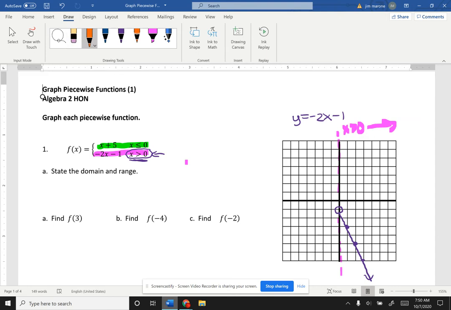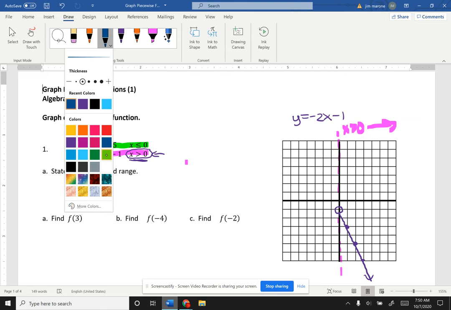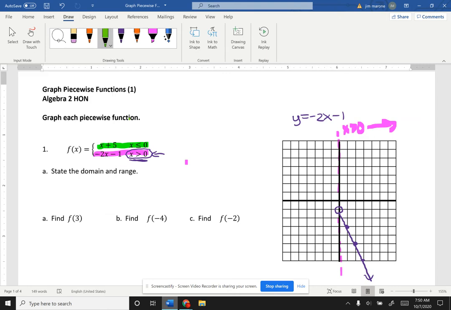Now I'm going to graph the other one. I'm going to go to plus 5 on the y-axis, 1, 2, 3, 4, 5, and the slope is 1, so I go up 1 to the right one, down 1 to the left one. So this is the entire line, y is equal to x plus 5. But I only want it when x is less than or equal to 0.